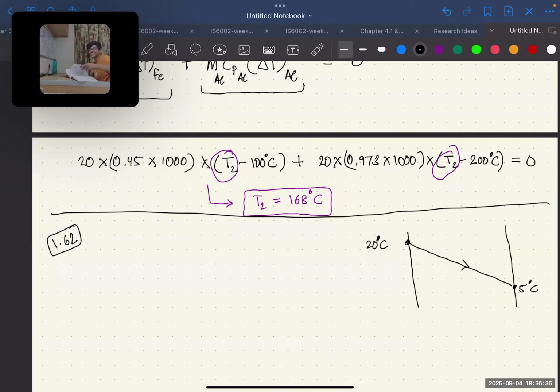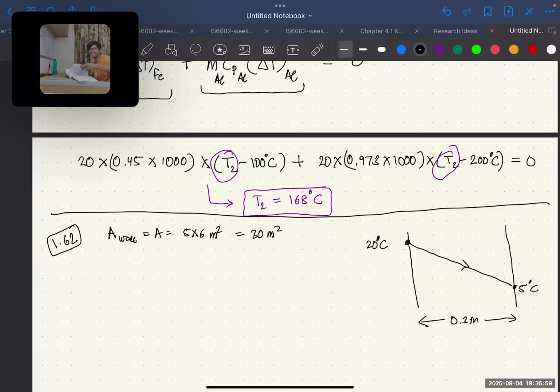How much is this? 0.3 meters, because it says 30 centimeters. And we also have the area of wall. 5 times 6 meter square, which is 30 meters square.